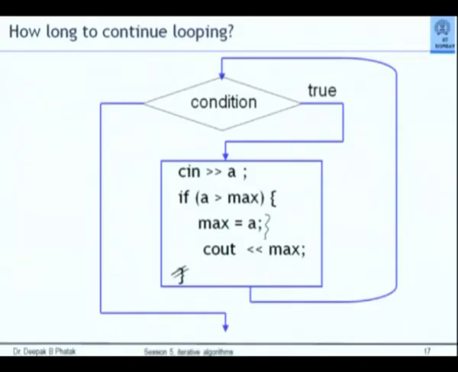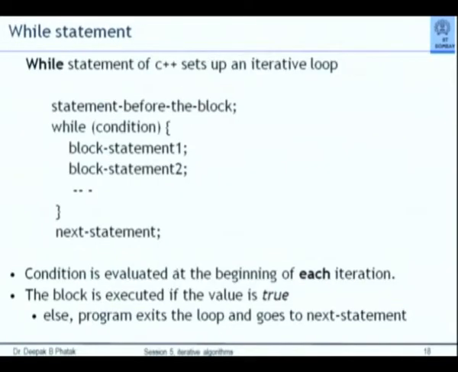I have a structure. Similarly, I want to have a statement that while this condition is true, keep repeatedly executing this block. The moment this condition becomes false, get out and go to the next step. Such is the structure available, the fundamental iterative control structure, which is called the while, to reflect exactly the meaning that we have in mind.